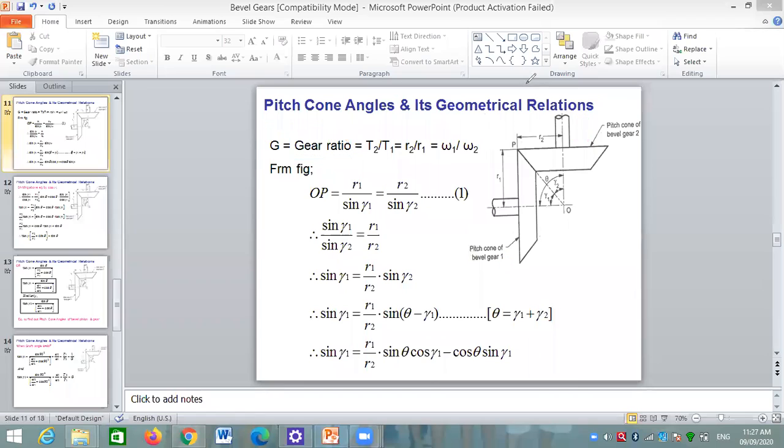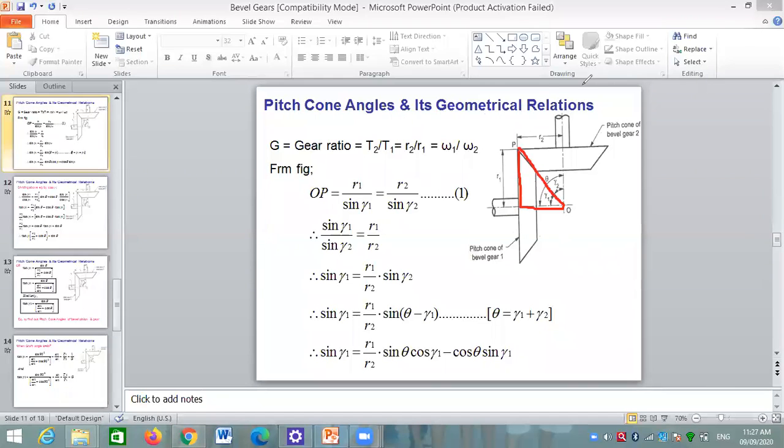Now if we see the figure, the distance O to P: if we consider this triangle, OP is equal to R1 upon sine of gamma 1.